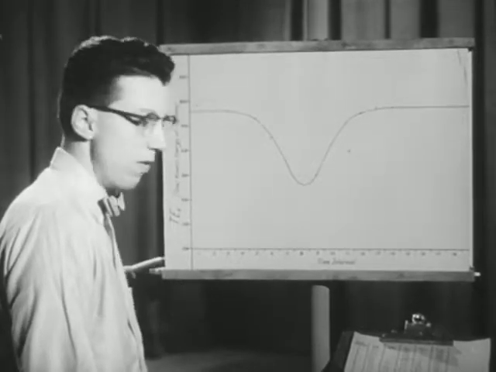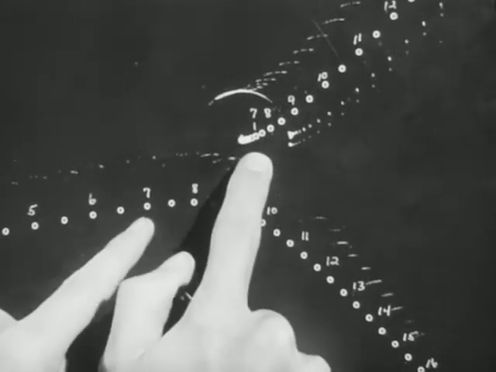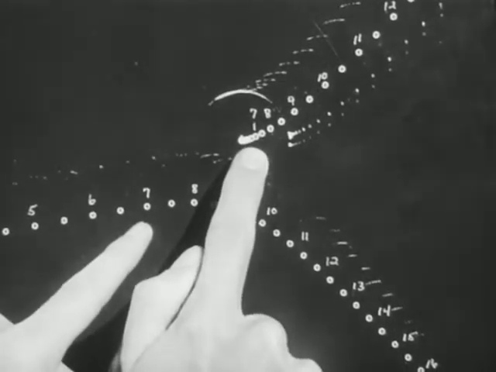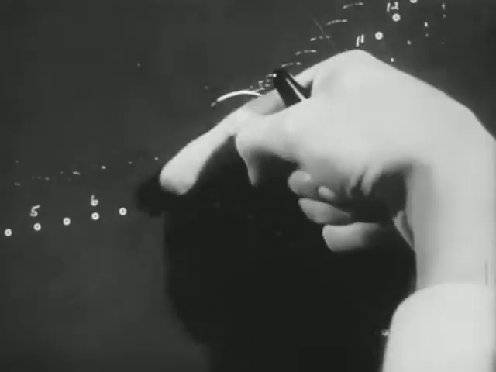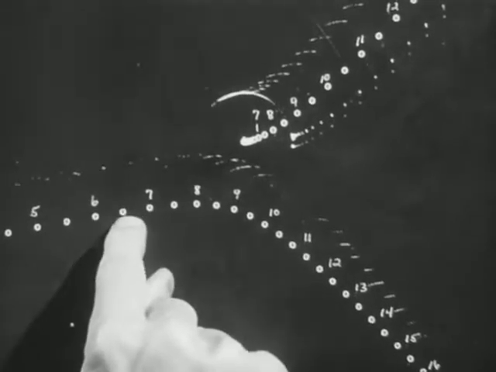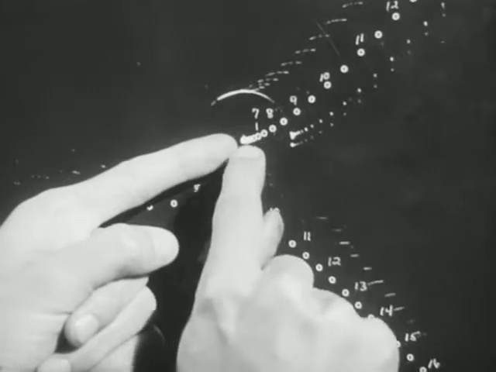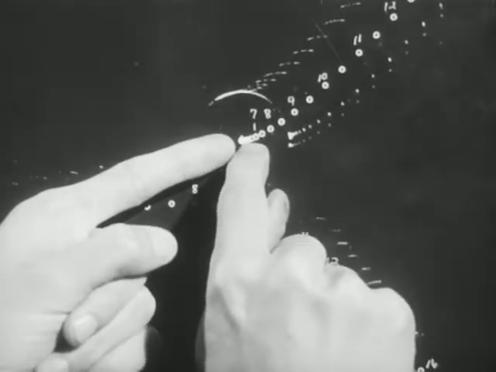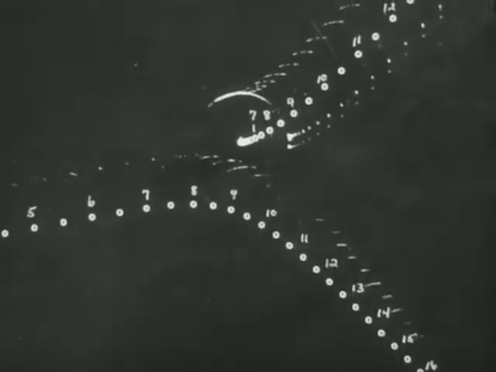Let's take another look at that photograph. At this interval, number 7, at the beginning of the collision, equal forces acted on both pucks. The force acting on the first puck acted over this range, this distance, while a force of equal magnitude acted in this direction on the second puck over this range, a smaller distance.